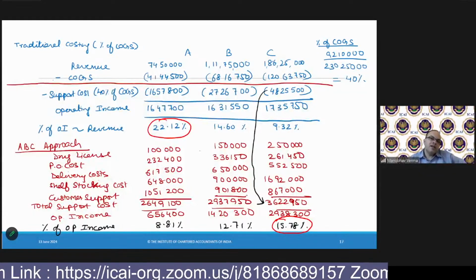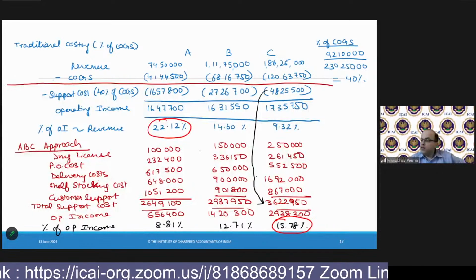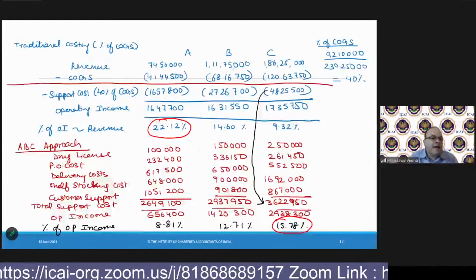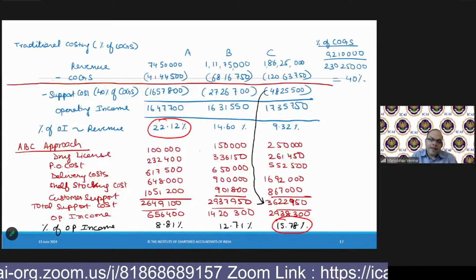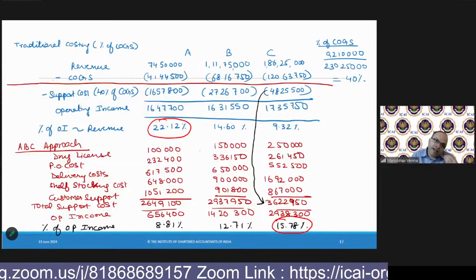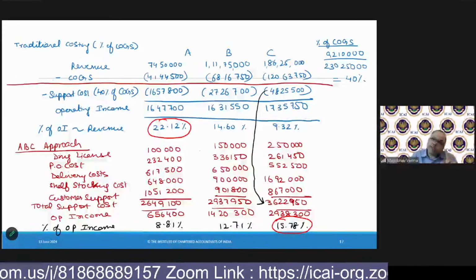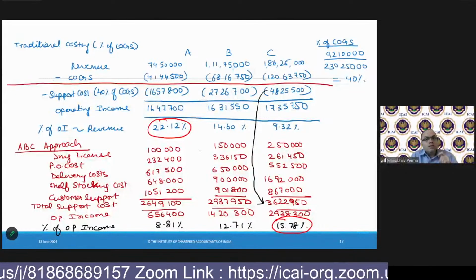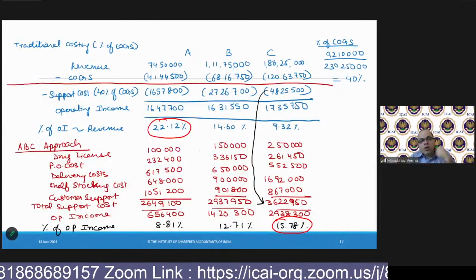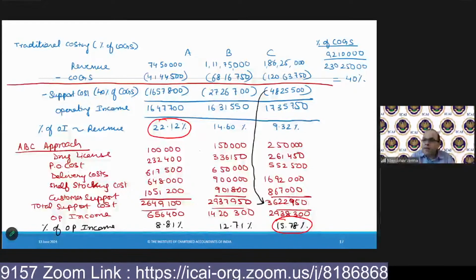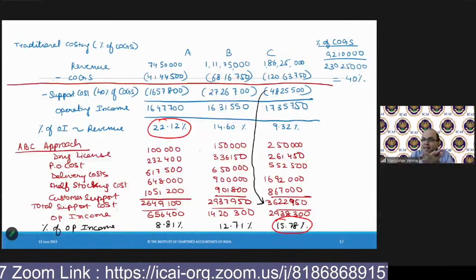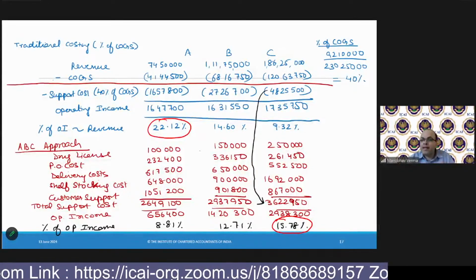See, the drawback here, my friends, is why did that happen? Because in my traditional costing, I use percentage of COGS. Do you agree that if an entity uses percentage of costs for allocating the support cost or the overhead cost, then the top revenue generating product will always eat up the maximum support cost because the costs will be higher? Logical. Because if sales are higher, costs will always be more, right?